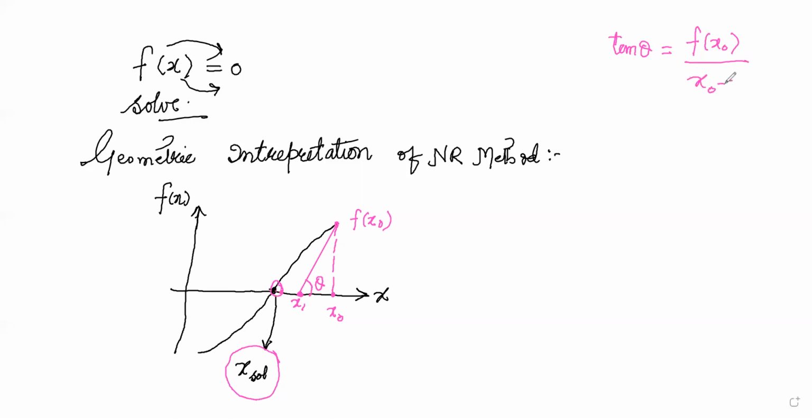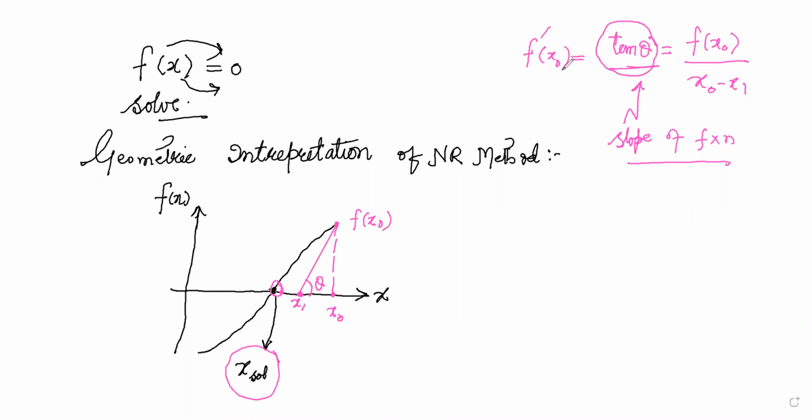From the definition of the slope of a function, we mean the derivative of a function. So tan theta at x equal to x naught means the derivative of the function at x naught, which we write as f prime x naught.